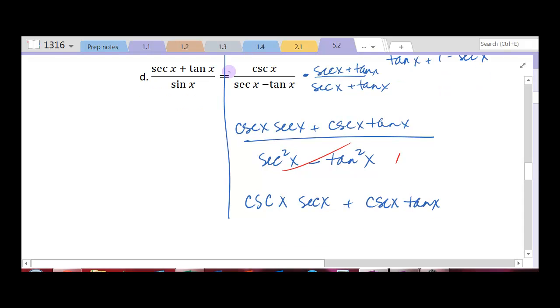Go back and look, what am I trying to get to? What's the goal here? I need a secant and a tangent in the numerator. Well, I happen to have a secant and a tangent already in my problem over here, so what am I going to do with my cosecants? Cosecant is 1 over sine, times secant x plus 1 over sine times tan x.